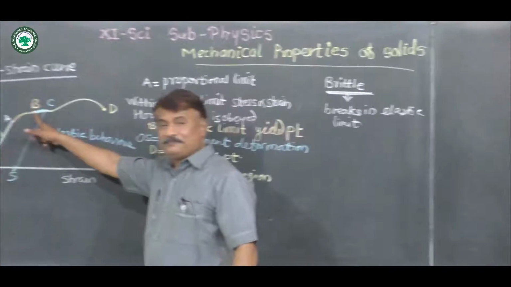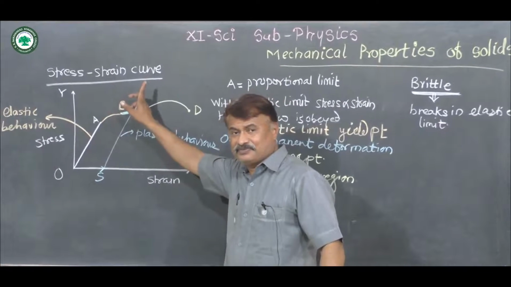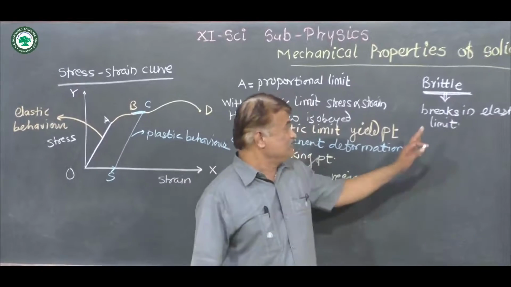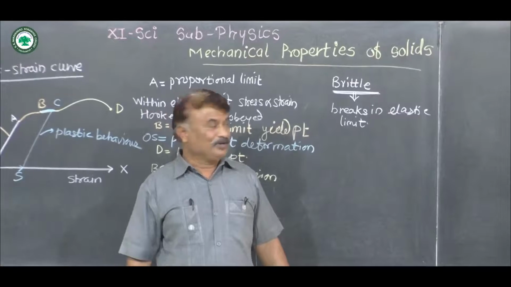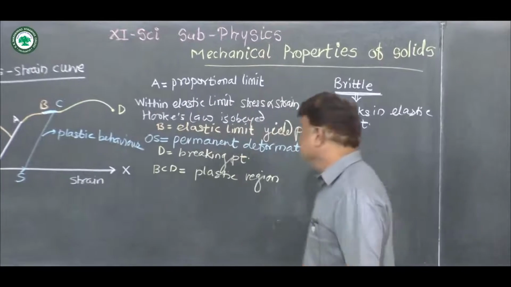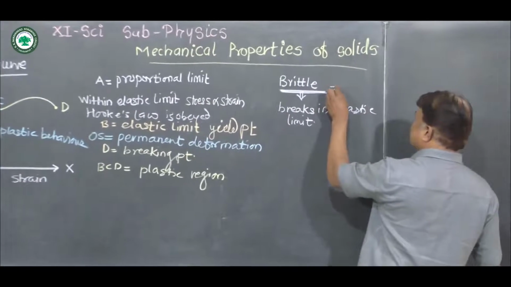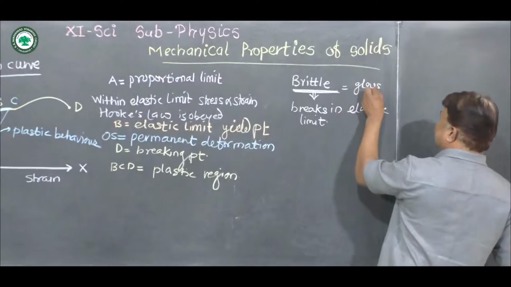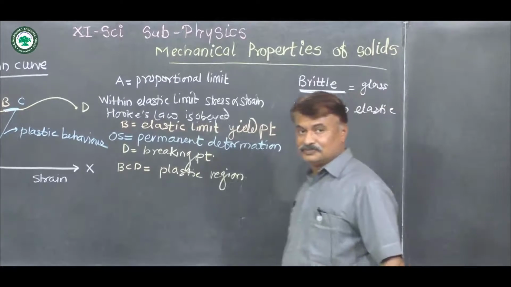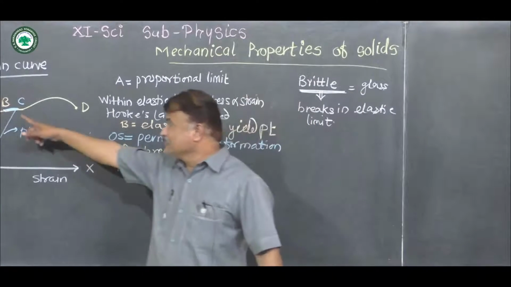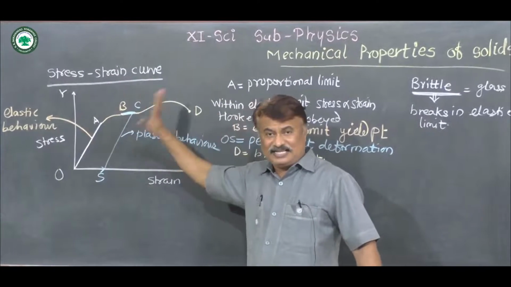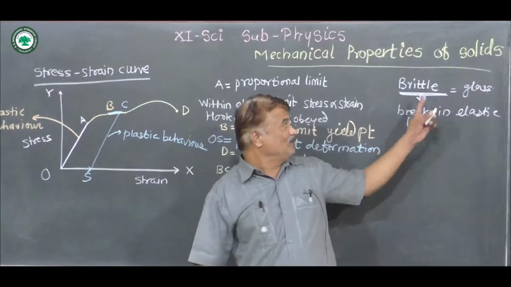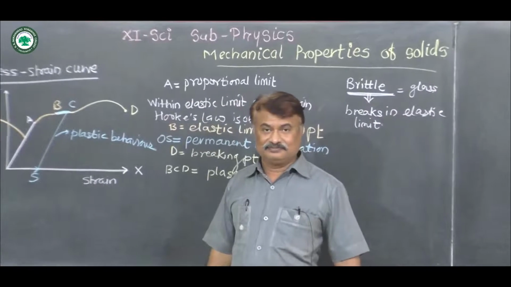So after B, it breaks. If you consider glass, ceramics, these are the examples of brittle substance. In brittle substance, after the elastic limit, it breaks, and that's why it is called as brittle substance.